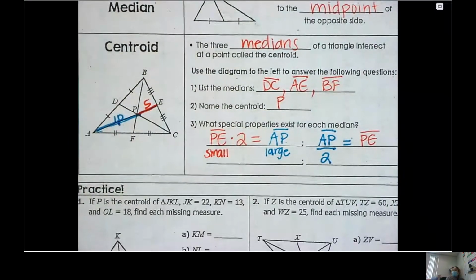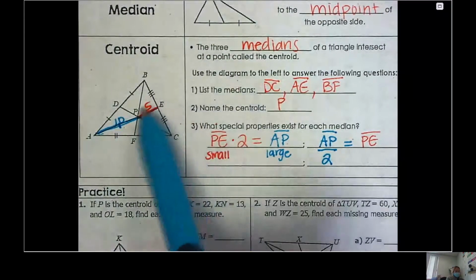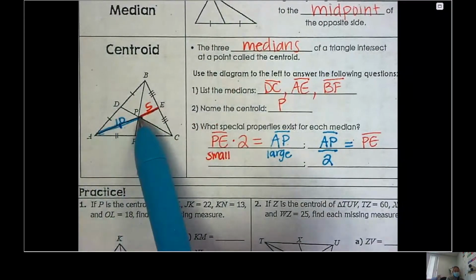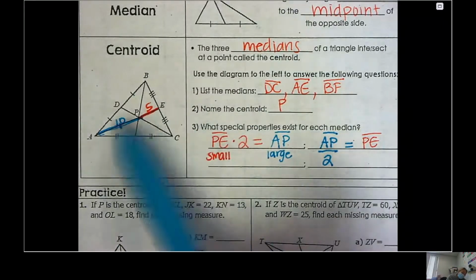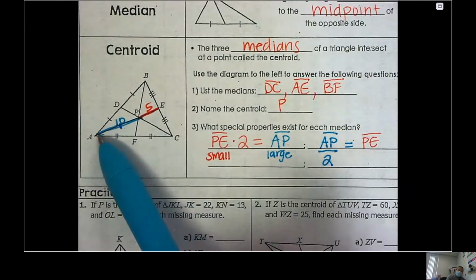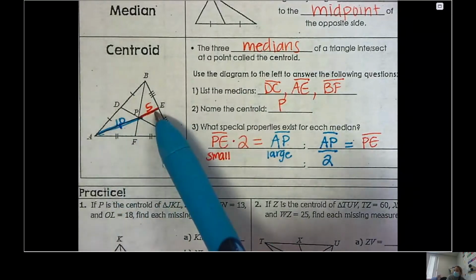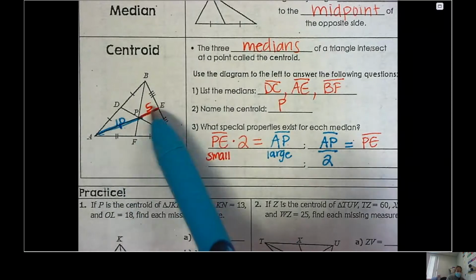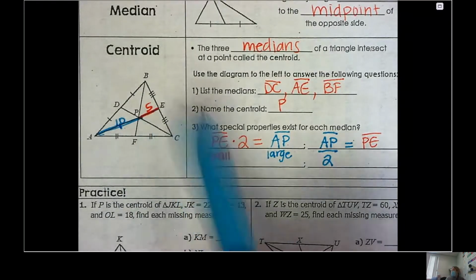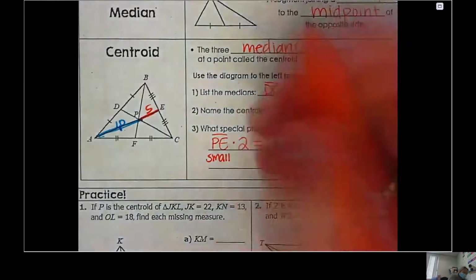How many pieces do I have in total then if this is worth 1 piece and this is worth 2 pieces? So this is one piece right here, PE. This piece over here, AP, is worth 2 of these. So I've got 2 pieces here and 1 piece here. How many pieces is that in total? 3 pieces in total.